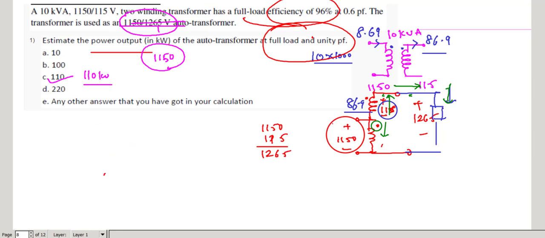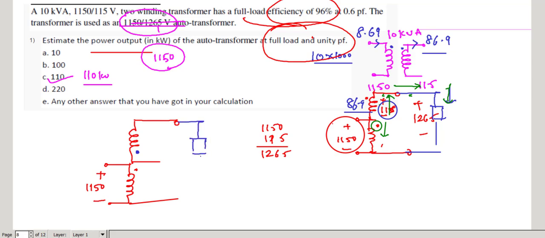So now I will connect the primary of 1150, and now the secondary is connected like this. That is subtractive polarity. Because I am connecting the load to this auto transformer, the current should flow through the load only.